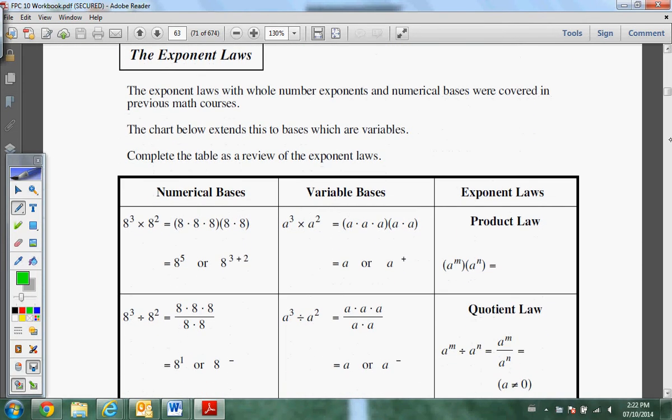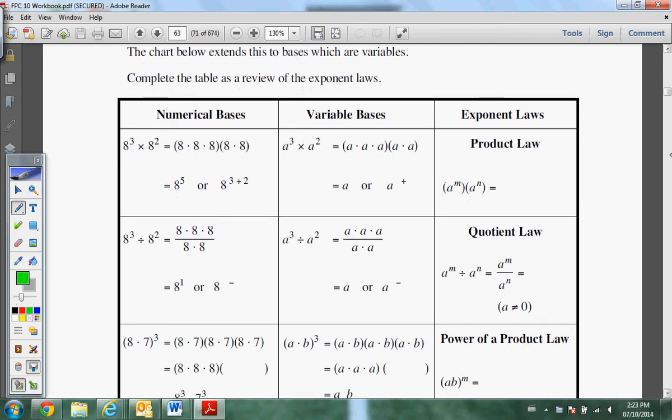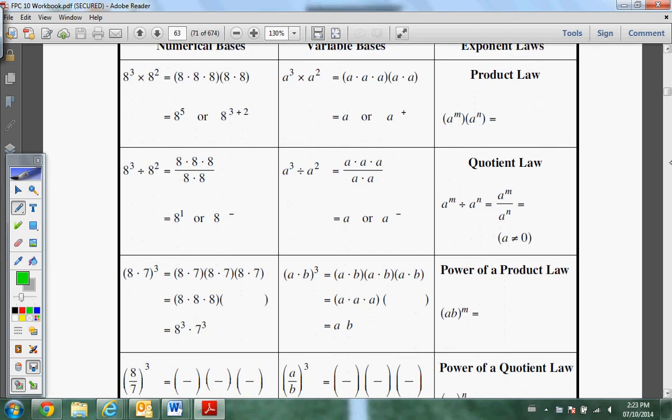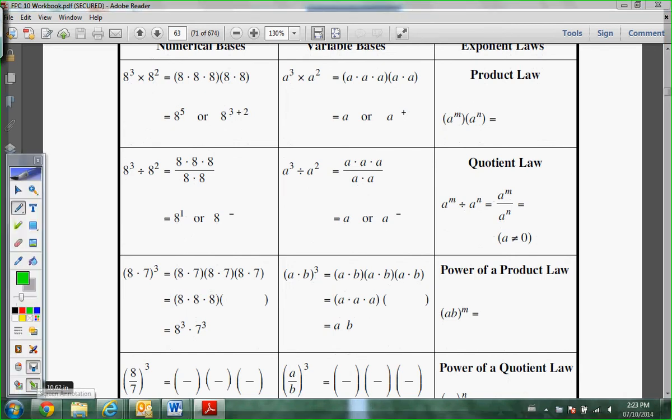So exponent laws here. This chart below tells us all of our exponent laws. So, in review, this one is called the product of powers law. When you're doing product of powers, they have to have the same base, and you can add the exponents. Important word there is they have to have the same base. If this was a 6 cubed and an 8 squared, we couldn't do anything because they're different bases.